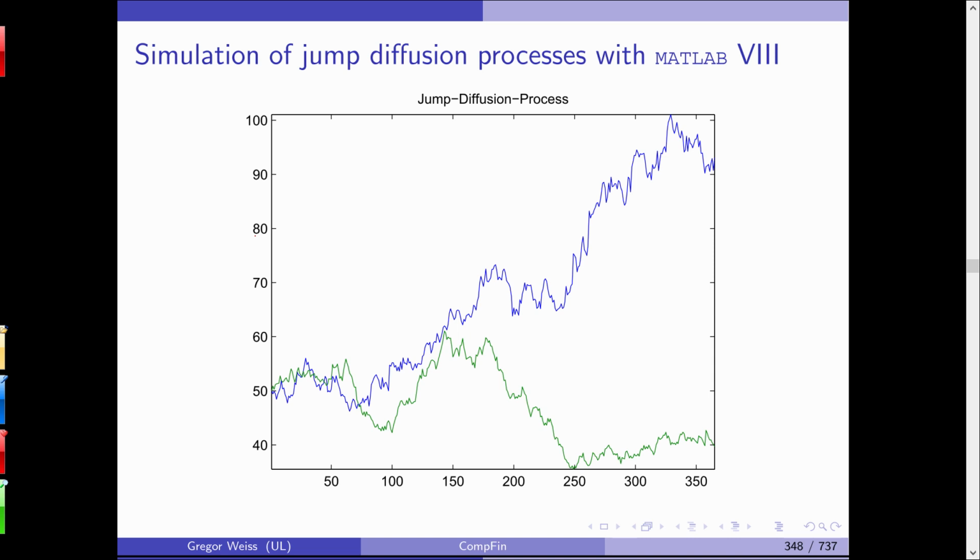In the returns, you would probably see a slight difference. So you are now looking at the actual process, and you would need to look at the differences, discrete returns, or more likely the log returns, and then you should see a difference compared to the geometric Brownian motion.